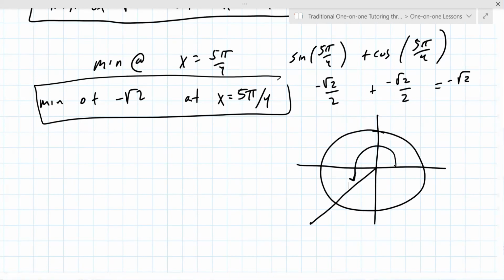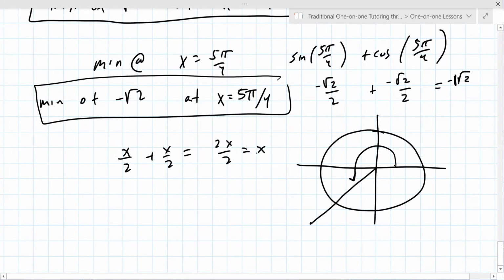Oh, how is it negative? I see. So they're both negative. So that's where the negative comes from. It's half of something plus half of something. Half of something makes a whole. That's where the 1 is. Root 2 over 2, root 2 over 2. Like if I asked you what x over 2 plus x over 2 is, you might say 2x over 2 and then simplify it to x. Oh, okay. It's half plus half. Half makes whole. Okay, I get it. That makes sense.